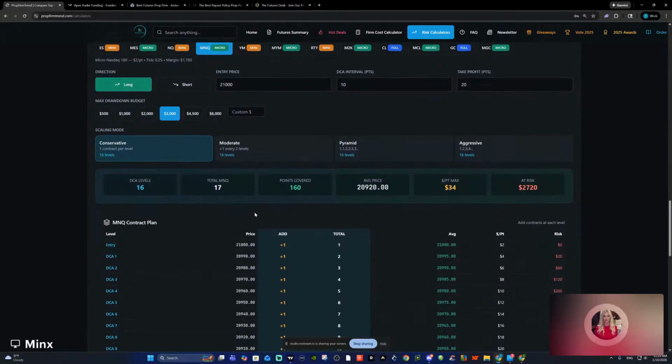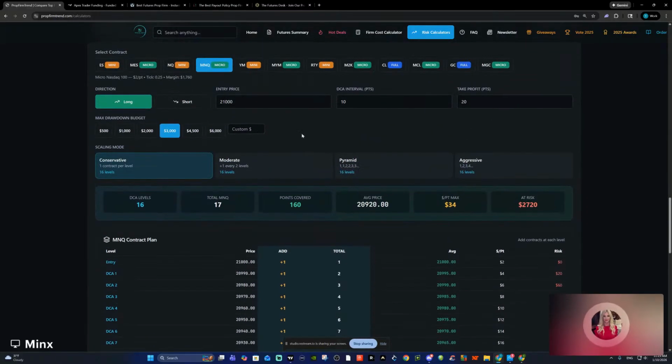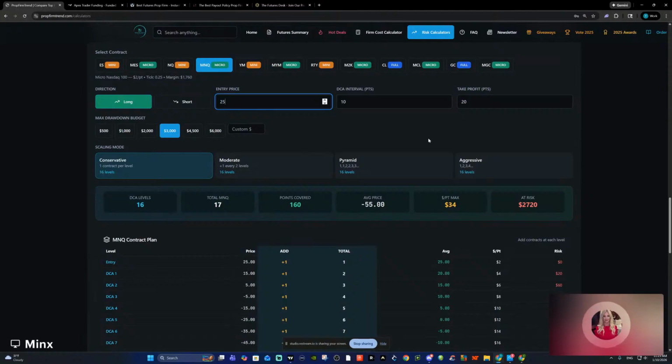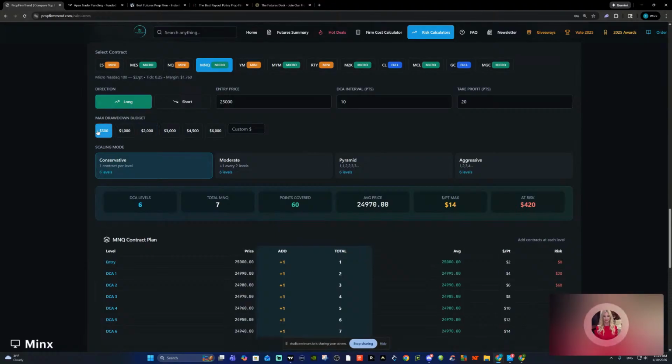Here, I don't dollar cost average into my trades, but some people do. For example, if you have an entry price of 25,000 on NQ, and for every 10 points you want to add, let's just say a max drawdown budget. This is the loss that you are willing to lose.